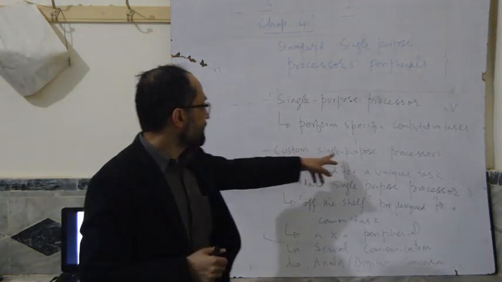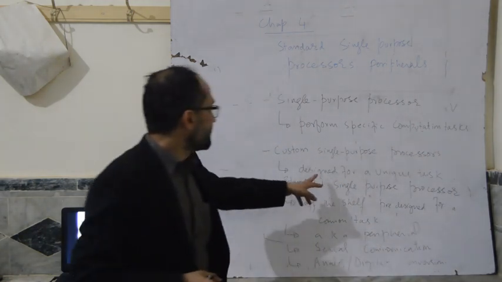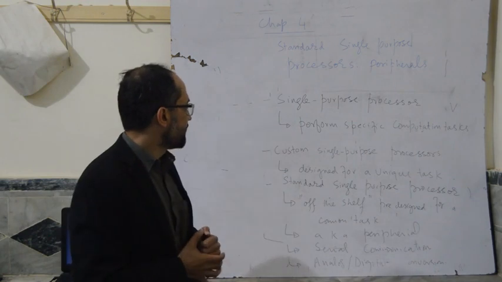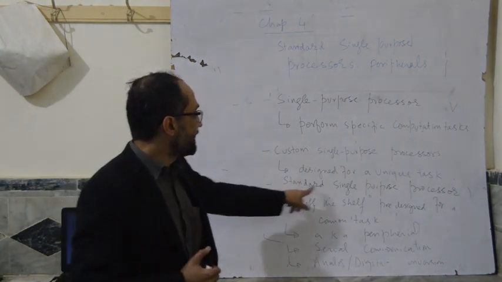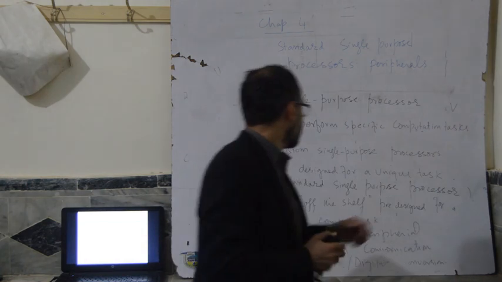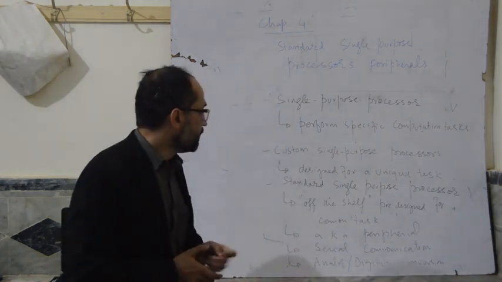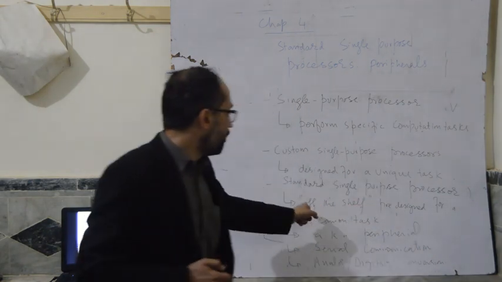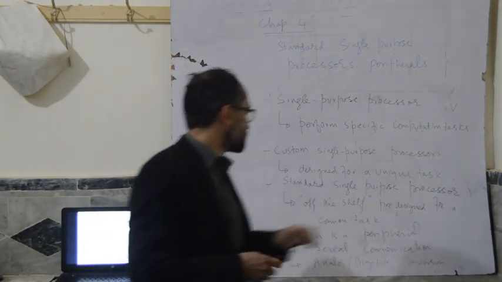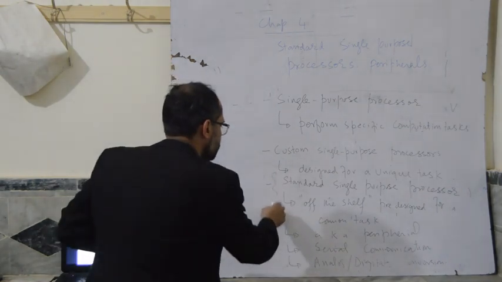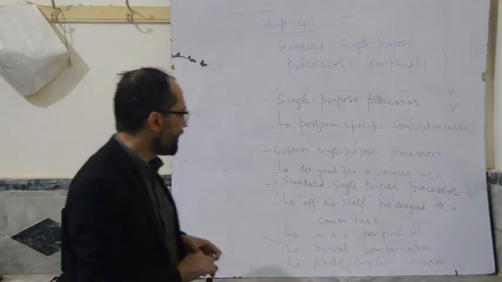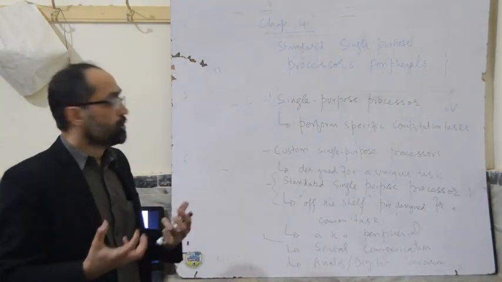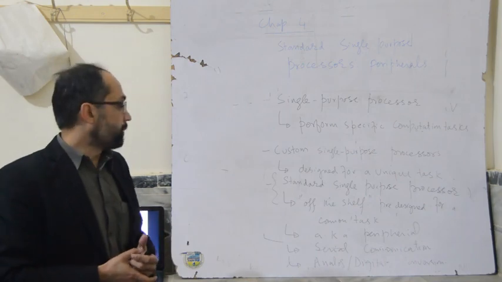So we can have a custom single purpose processor that is designed for a unique task. And we can also have standard single purpose processors. A standard single purpose processor is off the shelf, pre-designed for common tasks. They are also called peripherals, and we can connect these peripherals to microcontrollers or microprocessors.